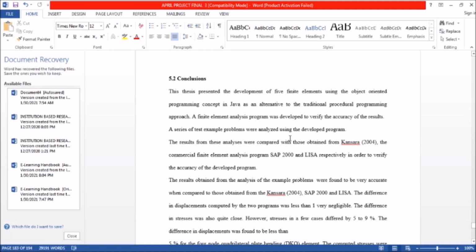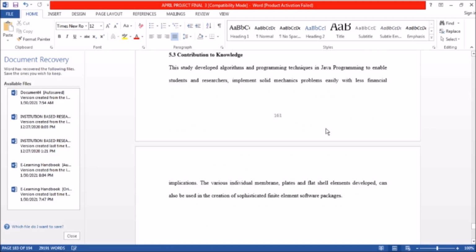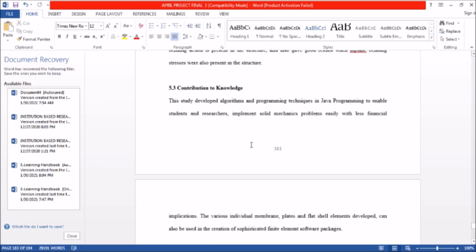Under the referencing, this is where you will enter the whole list of the materials you cited in chapter 2 or any other part of the work. You can use the APA style or any other available referencing method. Here, let's look at this. This is author number 1, author number 2, and author number 3.